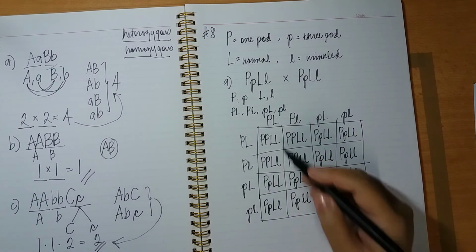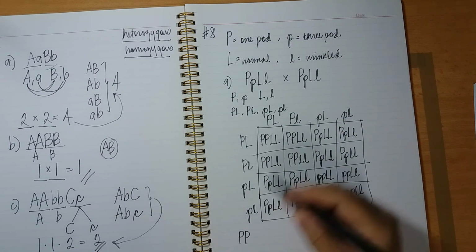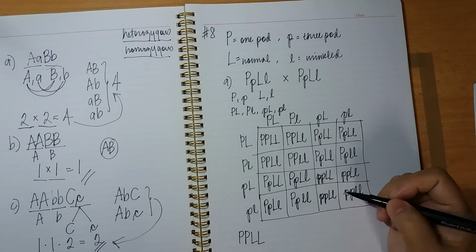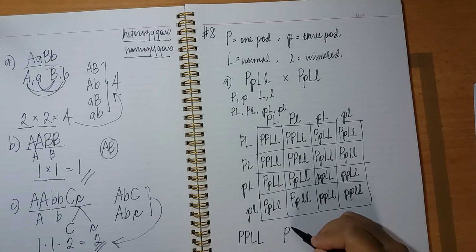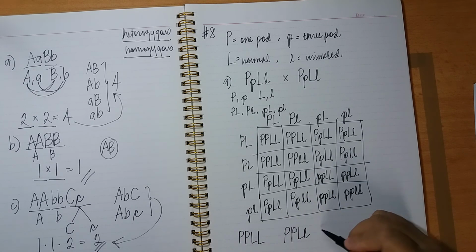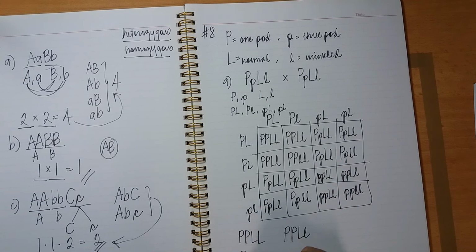Meron tayong, ayan, big P, big L, big P, big L, small l, big P, maiintindihan yung placement ko mamaya.